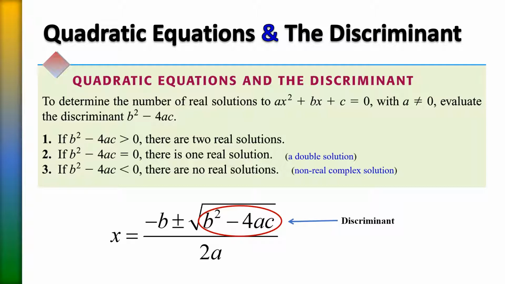If your result equals 0, then there's only one real solution, and it's going to be a double solution, meaning the same number twice, but you just still have one solution. And then if it's less than 0, then there are no real solutions, just non-real complex solutions. Okay?